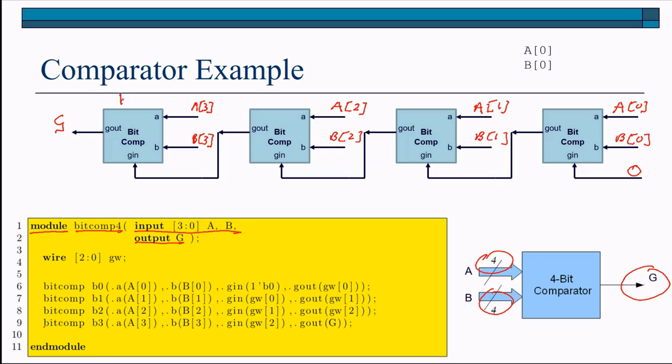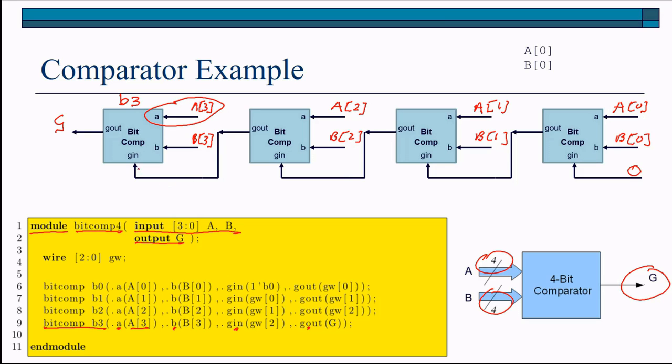Let's call this instantiation B3, and you can see we've instantiated B3 on this line. And we make the connections to A, B, GN, and Gout as part of the instantiation. So we connect A3 to small a, and you can see that that's what we require up here. And so on for the remaining connections.